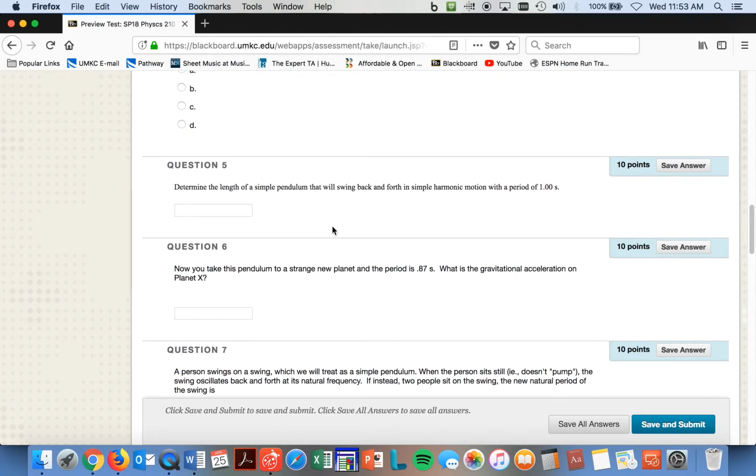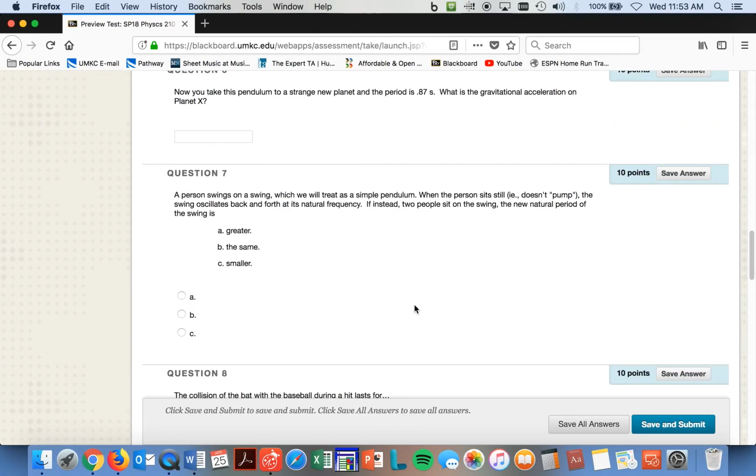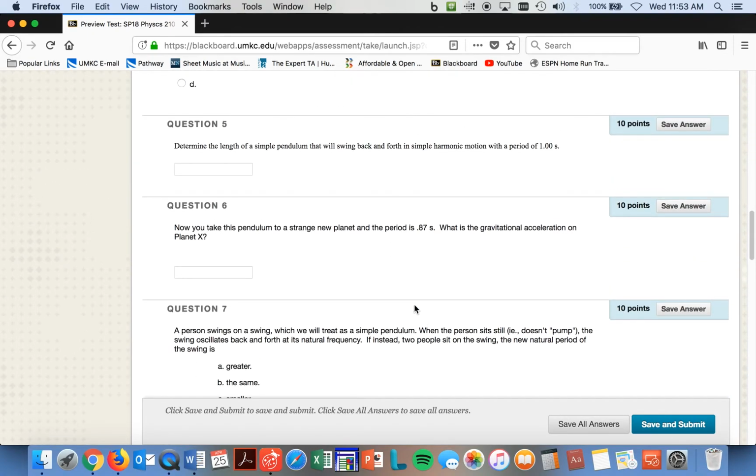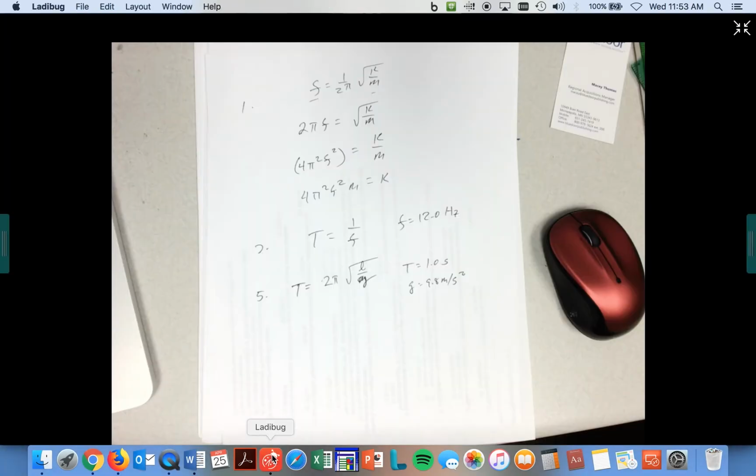It's right there. Now you take this to planet X, and you take this L that you got here and use it in problem 6. You're going to repeat the same problem again, but this time you're going to solve for g. It's just a little bit different algebra problem.